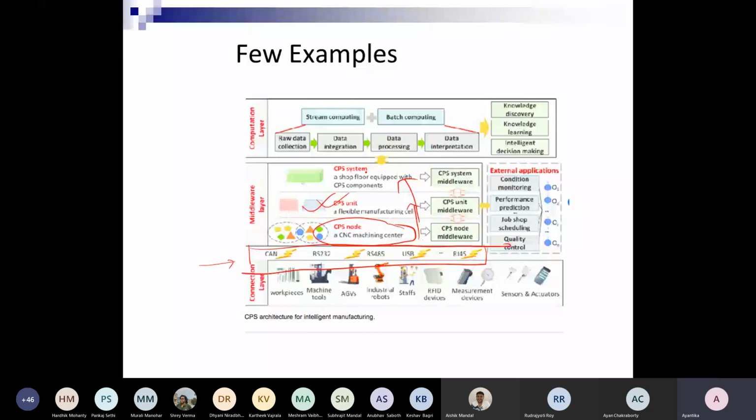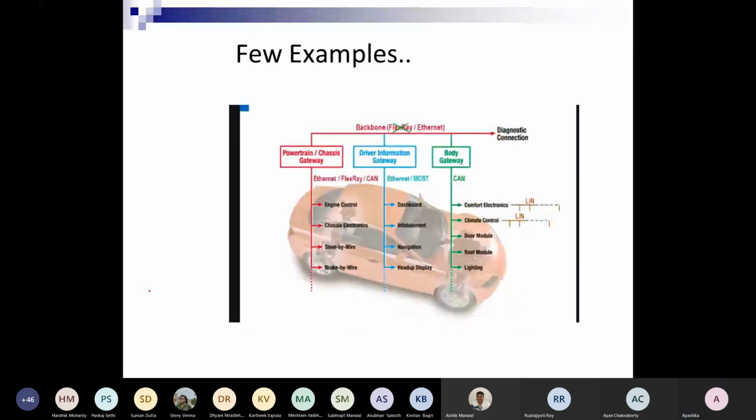But a few direct communications we will be talking about, and one detailed communication we will be talking about, that is the CAN protocol. Because if you see this diagram, this is our present automobile communication requirement they have shown. So here you can see that if you now follow that backbone part, that is communicated by Ethernet.